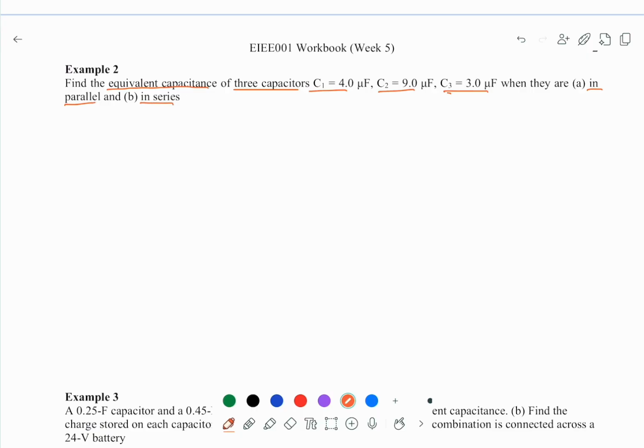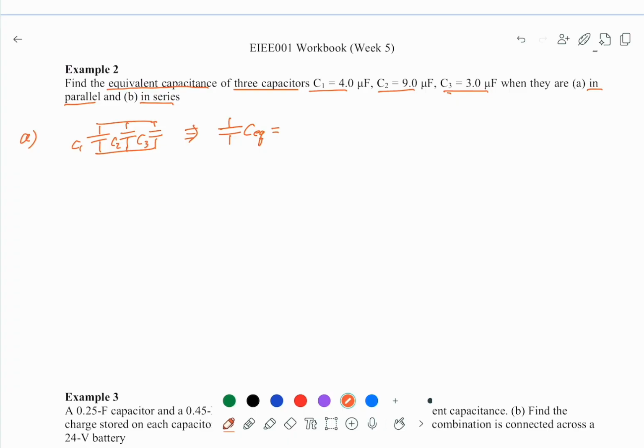Okay. A, if the 3 capacitors are connected in parallel, so this is 1, 2, 3 connected in parallel, we want to find the equivalent capacitor, C eq. Now in this case, with C1, C2, C3, the equivalent capacitor is very simple.